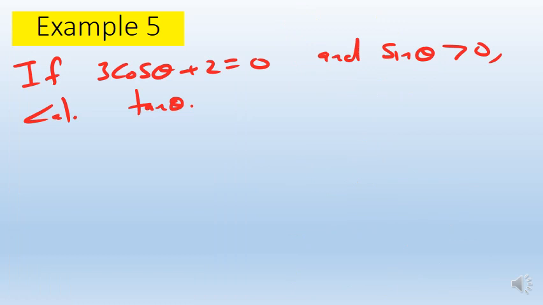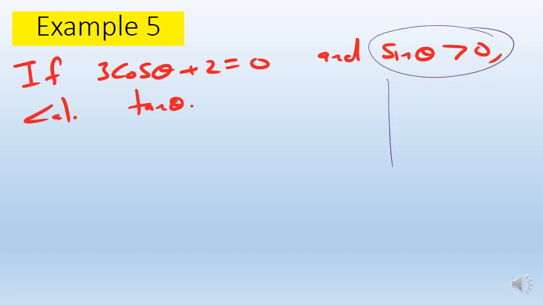So these type of questions are quite nice. I mean, they actually make you think up to a certain point. It says if 3 cos theta plus 2 equals 0 and sine theta is positive, calculate tan of theta. Now, straight away, it's interesting because they are telling you that sine theta is positive.